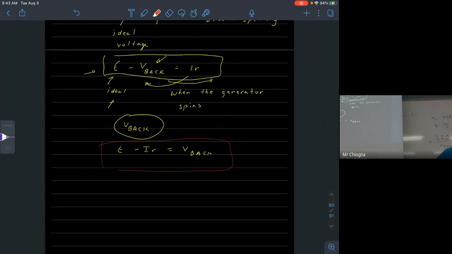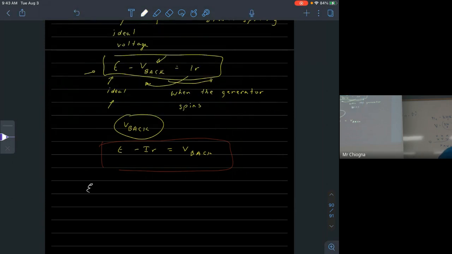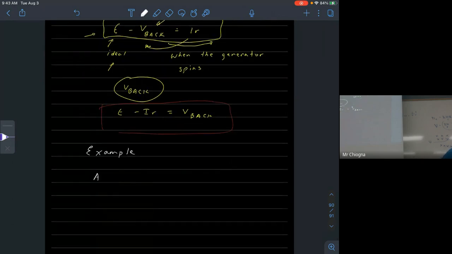So let's do one example and then we'll take a break. You have a 120 volt motor. That's your ideal voltage.